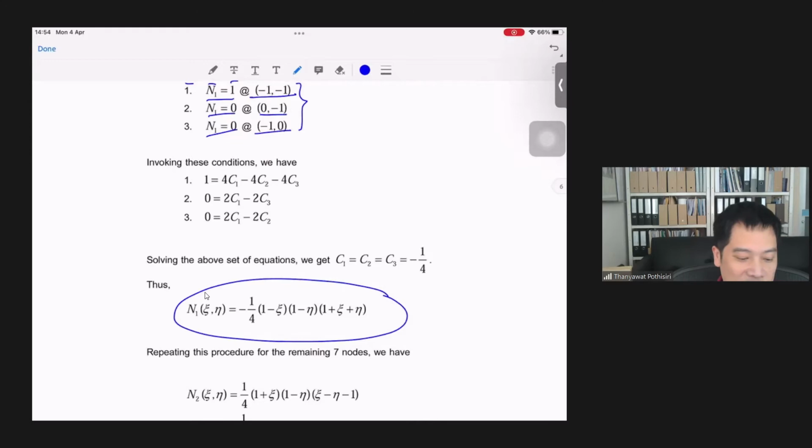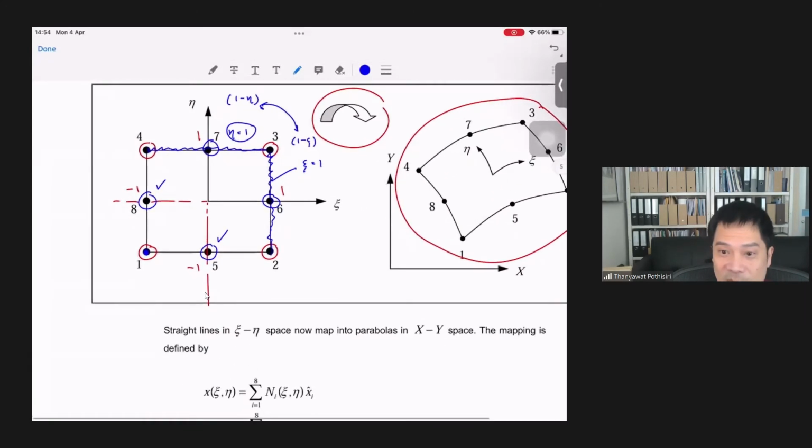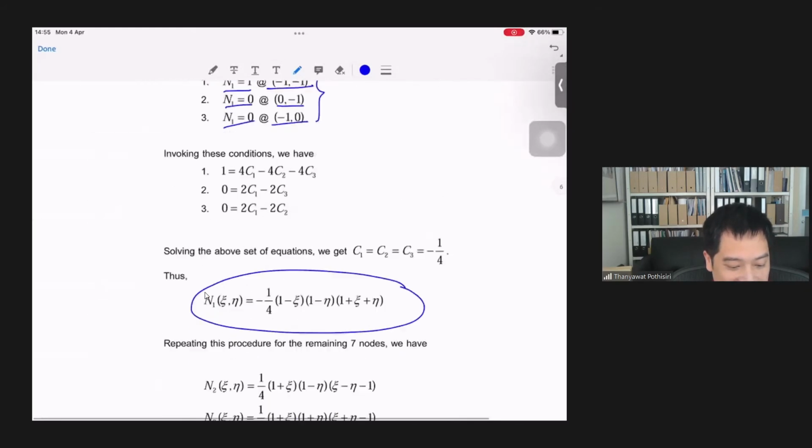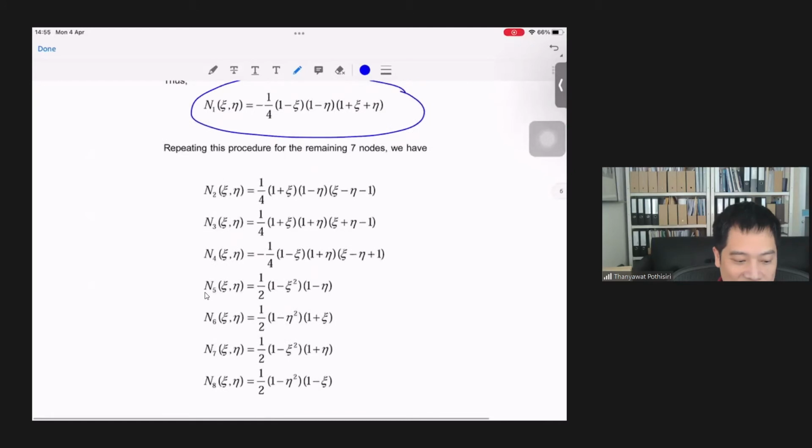So this is how you arrive at the shape function for this 8-node element. You can do this for N1, N2, N3, N4, and then repeat it for N5, N6, N7, N8. So all the shape functions would look like this.